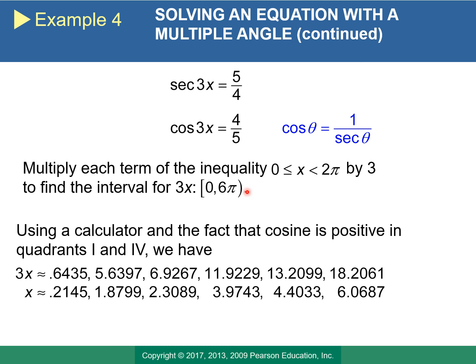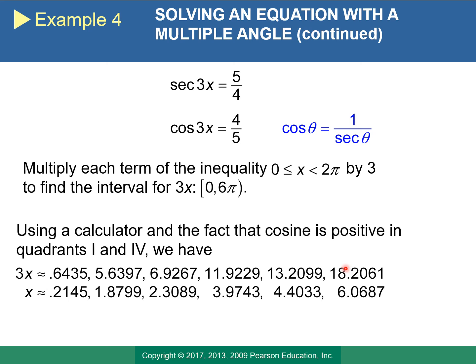Using a calculator and the fact that cosine is positive in quadrants 1 and 4, because this is positive 4 over 5, we get these answers. So 1, 2, 3, 4, 5, 6 answers.